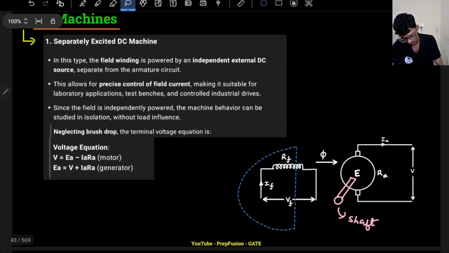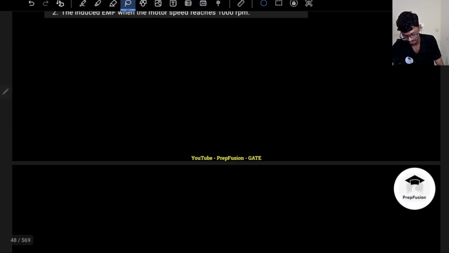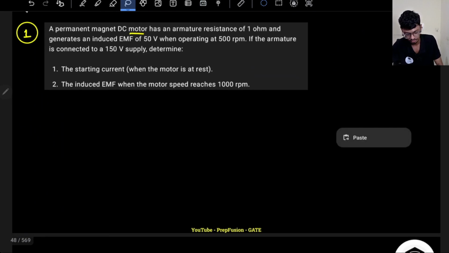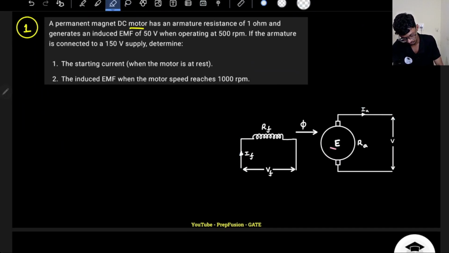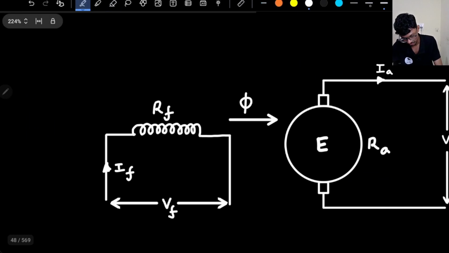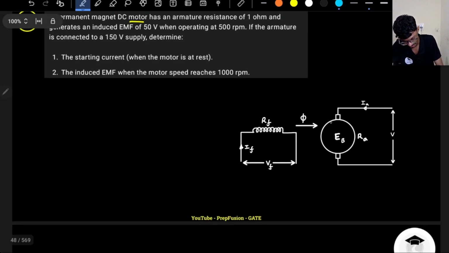As it is a motor, I will provide the supply, and the Ia current direction will be from the supply to the motor. This will be the Eb, and Ia I will provide from the supply to the motor, and your motor will rotate.